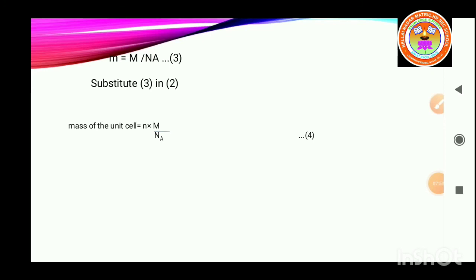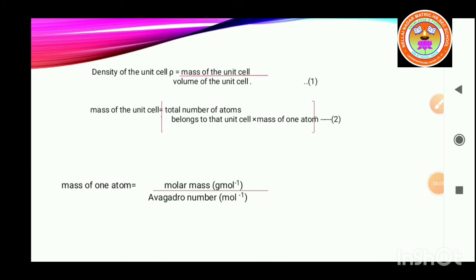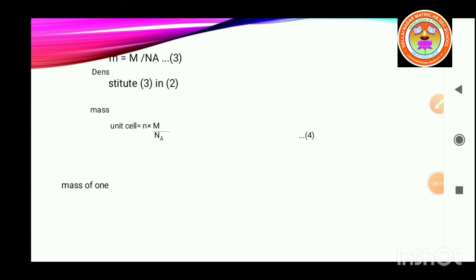So, the mass of the unit cell is equal to the total number of atoms belonging to that unit cell, represented by n, times the mass of one atom, that is molar mass divided by Avogadro number. So, the mass of the unit cell is equal to nM divided by Na.